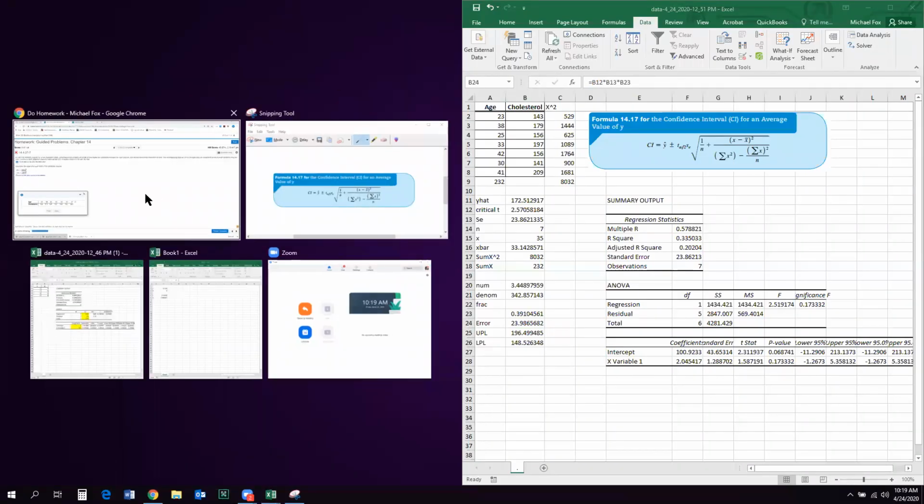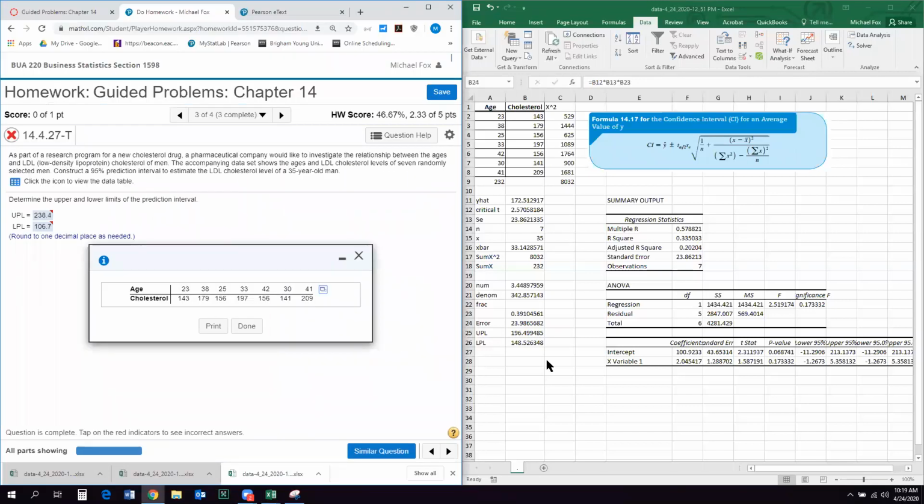Let's see, 196 to 148. I was just like, wow, it's a problem that the great Mr. Fox doesn't know. But I know I've done it. It's probably going to be something dumb, like I'm using the formula wrong. Anyway, let's skip it.